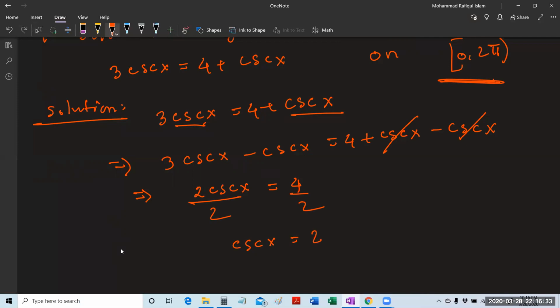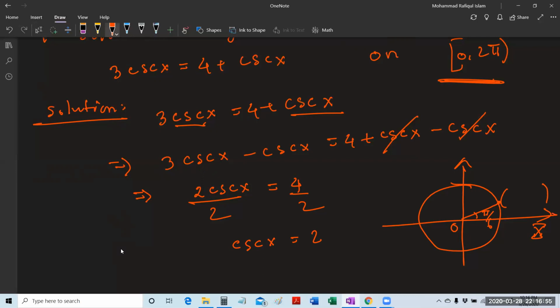Now, one more time, if we look at the unit circle, we know the angle pi over 6. If we consider this angle pi over 6, the ordered pair, the first component will be root 3 by 2, comma 1 half.